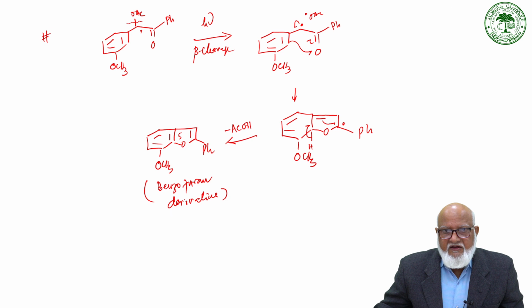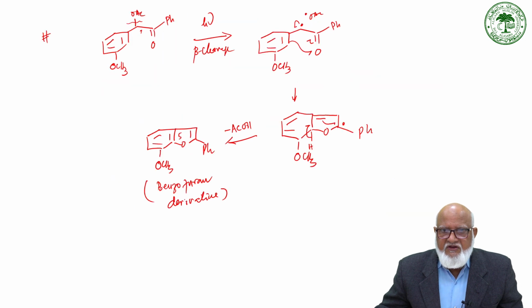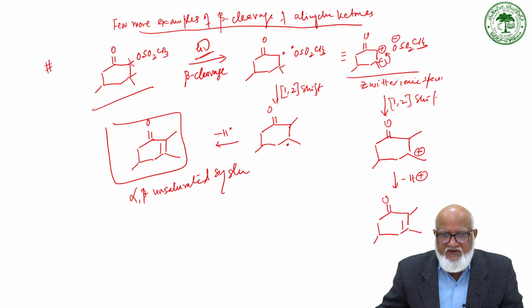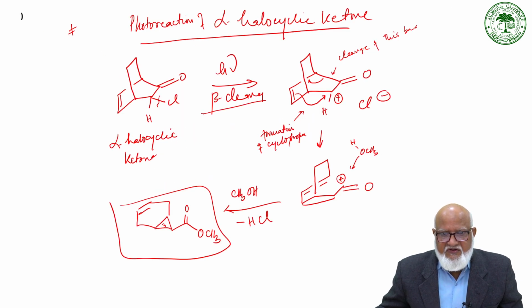So it's a very nice rearrangement via beta bond cleavage. We can see more examples of beta bond cleavage under photolytic condition, which rearrange to synthetically important products such as this benzofuran here, an alpha beta unsaturated carbonyl system, and of course here is a construction of a 3-membered ring.